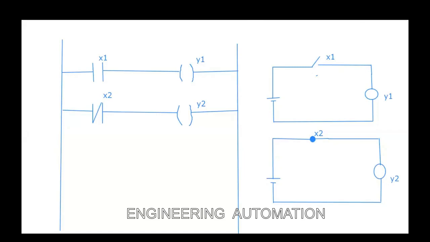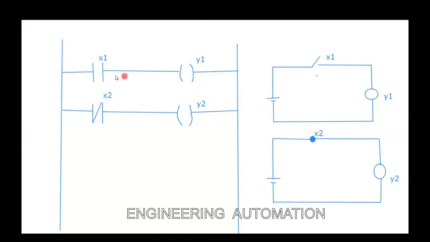Just have a look at this. I have drawn the contacts and coils here in the ladder logic. This is a normally open contact, which I have represented as X1, and this is the NC contact, the normally closed contact, which I have represented as X2, and these two are the coils.